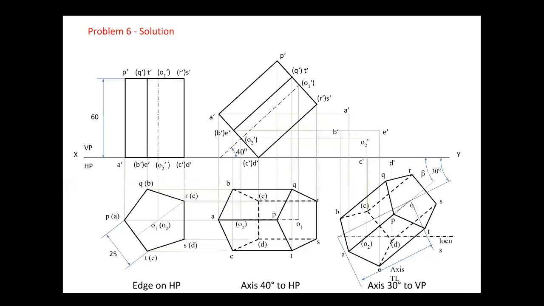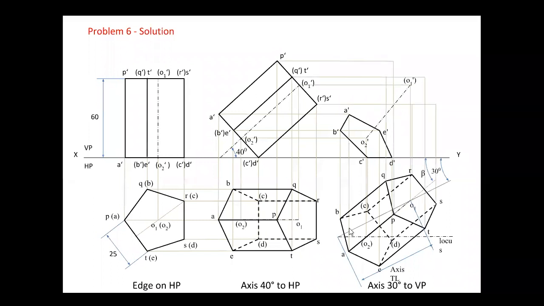Once I know this, I'm going to join the lines with all the corners, that is A dash, B dash, C dash, D dash, and E dash. Then I'm going to have the O2 projection, and then the top base projection, that is P, Q, R, S, and T.